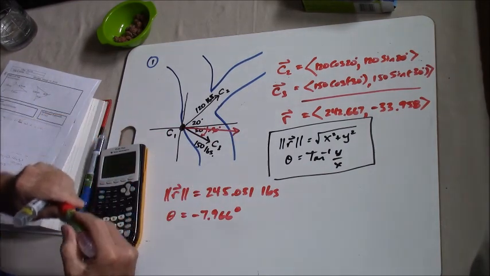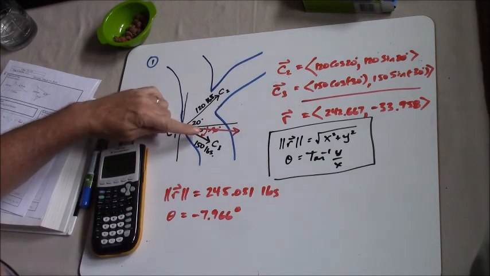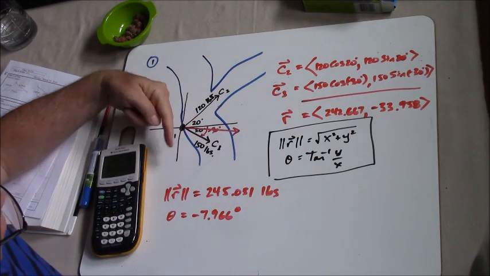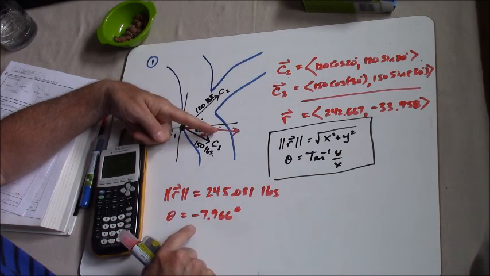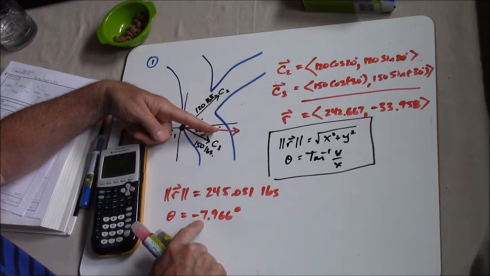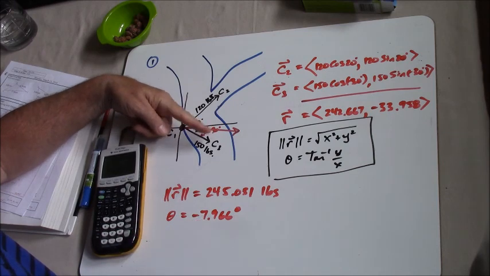If this was a ship out in the ocean, I would have to say south so many degrees to the east. I would actually have to do 90 minus this number to see what that angle right there is. That make sense?